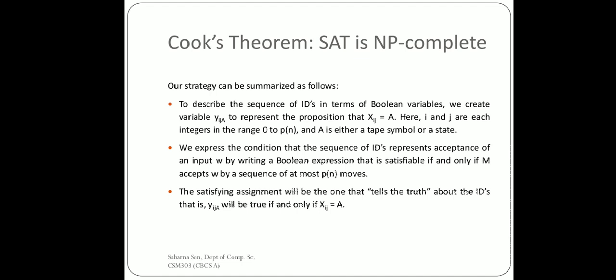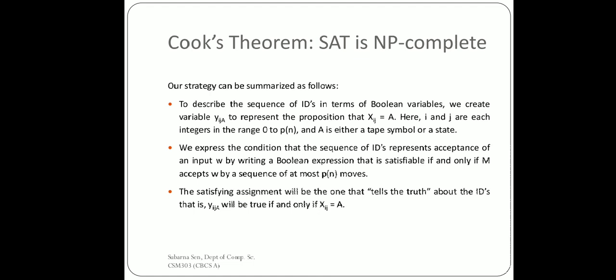Now the satisfying statement will be the one that tells the truth about the IDs, that is, y_ij will be true if and only if x_ij equals a. That means if we consider any tape symbol or state to be x_ij, which we represent by a, and we follow the correct path, then we have to pick up the correct state symbols as well.